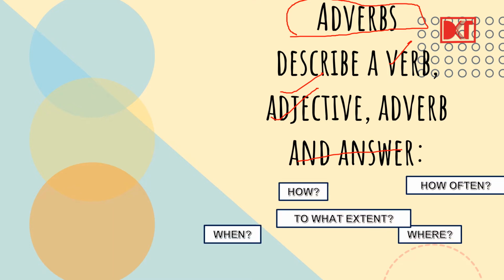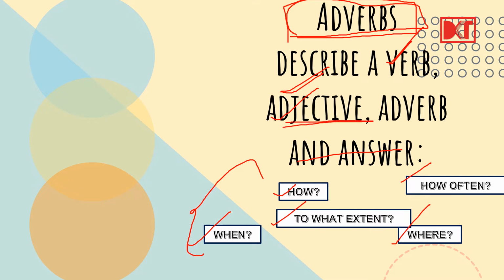The questions we took examples of: how, how often, to what extent, when and where. So these questions are answered by the words called adverbs. And what do they describe? They describe any verb or adjective or another adverb. We will understand this better on the next slide. Now we will take all the examples and understand them, so that you understand better.